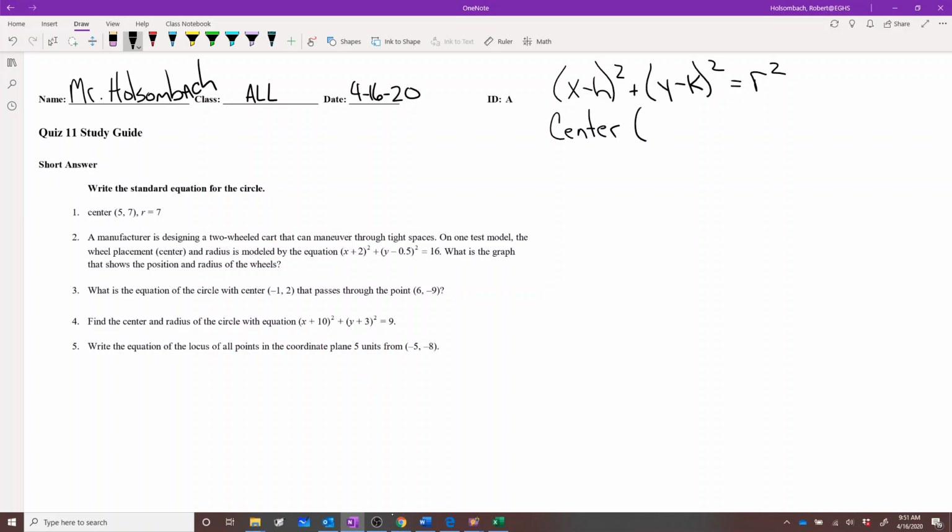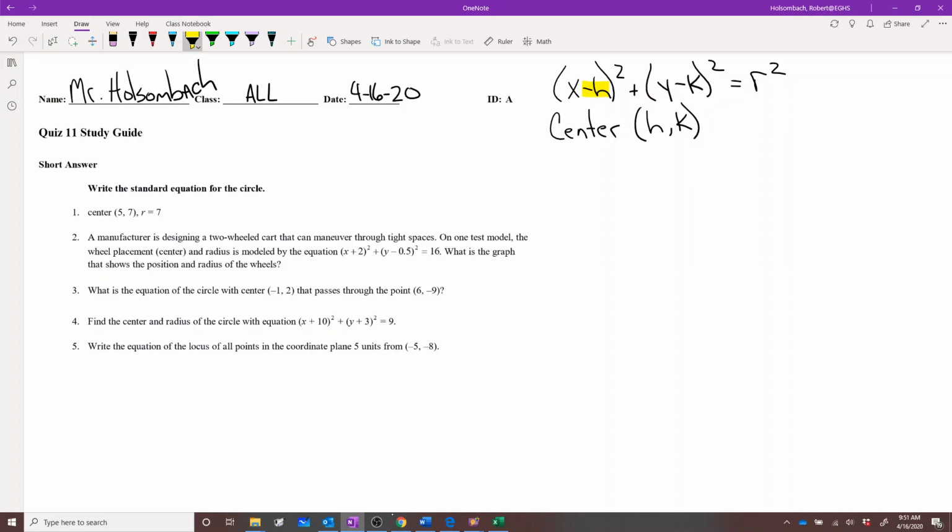Remember, that's where the center is located at (h, k). If you notice in the formula, this is x minus h, and the center is located at h. So what that means is that the x value at the center is the opposite of whatever is sitting right here.